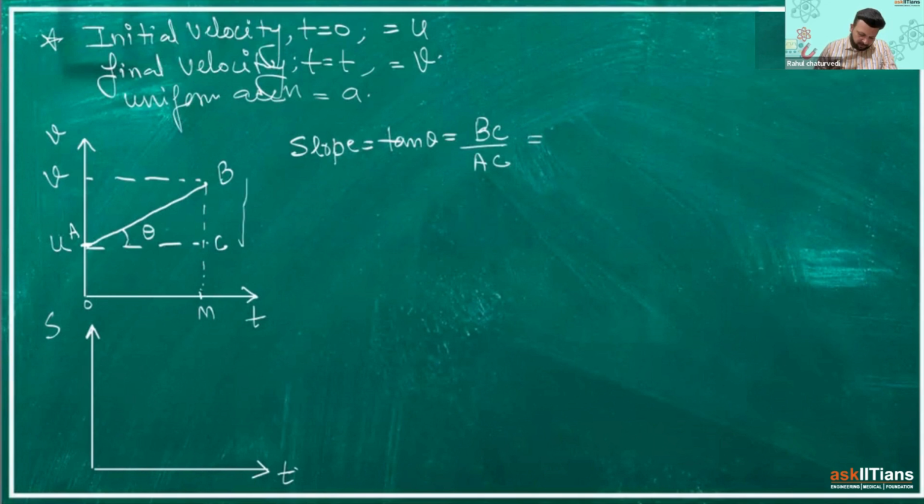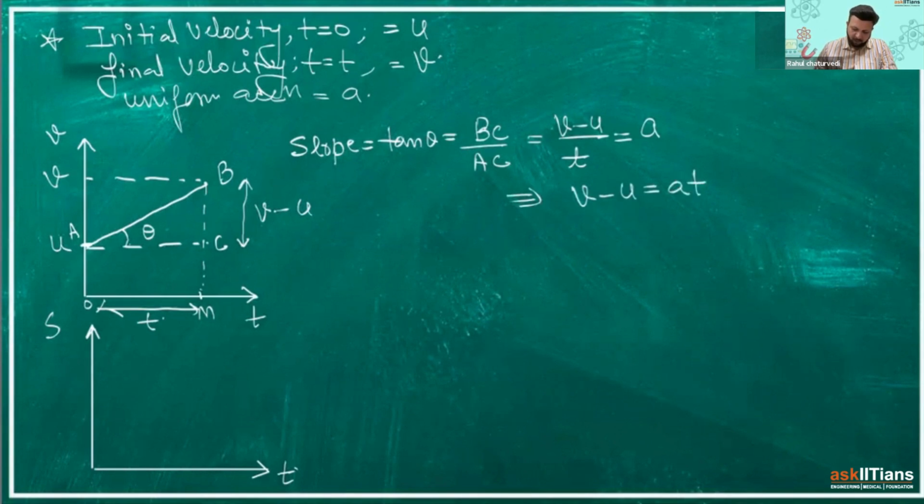From the diagram, it is very clear that BC is V minus U and AC is time t. So this will be V minus U upon time t, right? We know that the slope of the VT graph gives you acceleration. So you can say that V minus U upon t is the acceleration a. From this relation, V minus U is equal to at, or V is equal to U plus at. So this is the first equation of motion.